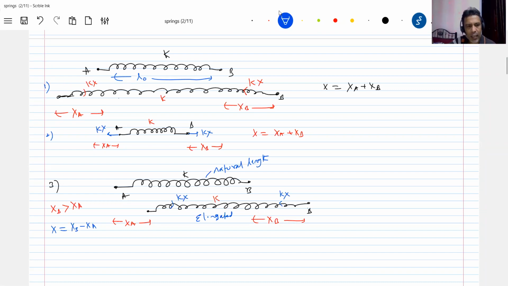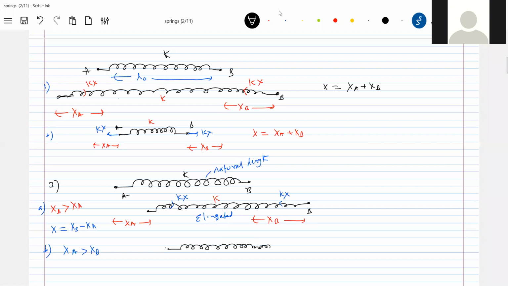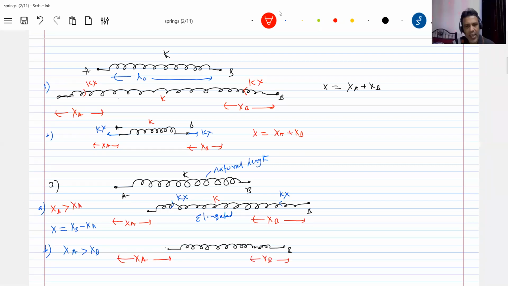Similarly, the first case A, case B, I'll put it. If xa is greater than xb. You can see clearly here now, xa is greater than xb, no?